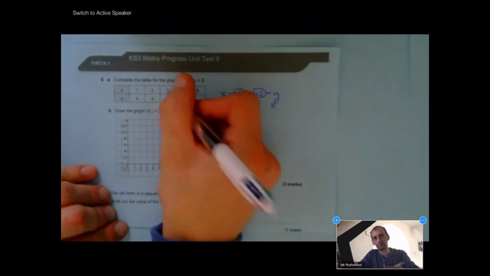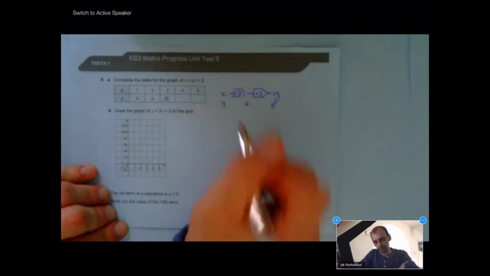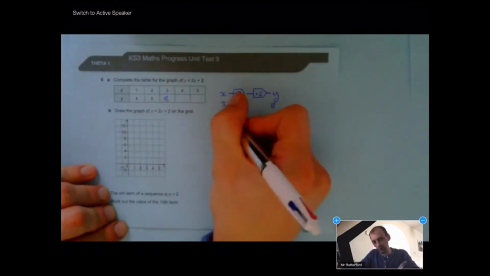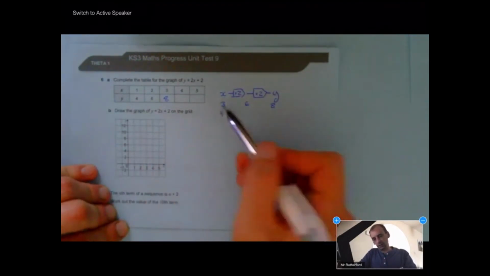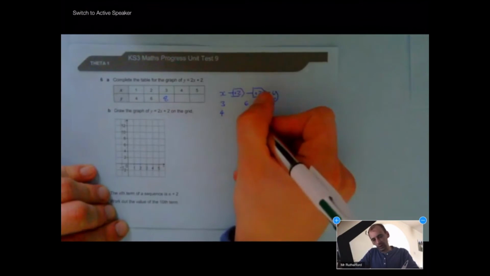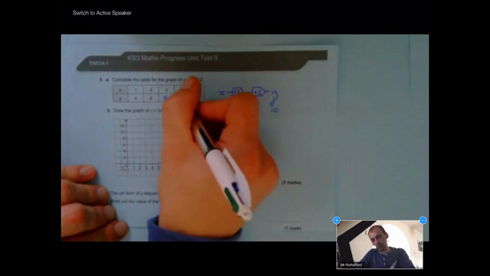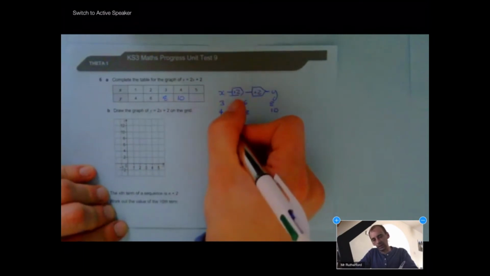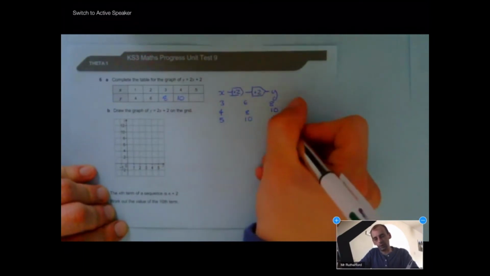So when x is 3, y is 8. When x is 4, 4 times 2 is 8, plus 2 is 10. So when x is 4, y is 10. And when x is 5, 5 times 2 is 10, add 2 is 12.